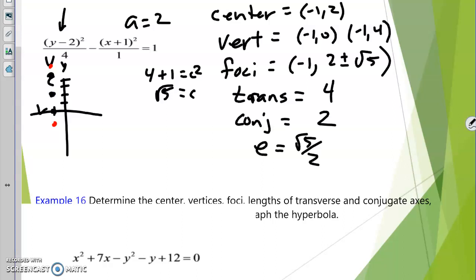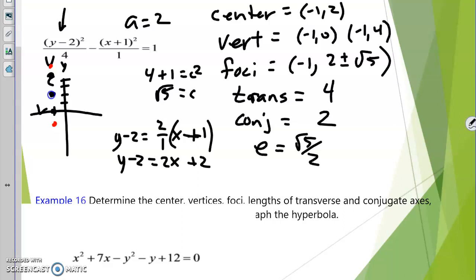My asymptotes in this case are going to be, well, because we are not on the origin anymore, we're going to use, oh dear, so let's go with y minus 2 equals, we're going to use the a over the b, x minus h, and so I get y minus 2 equals 2x plus 2, and well, of course, plus or minus in there, and so I get y equals plus or minus 2x.